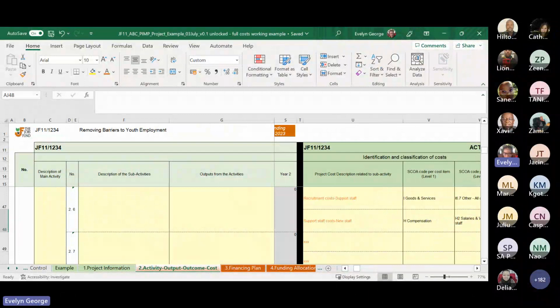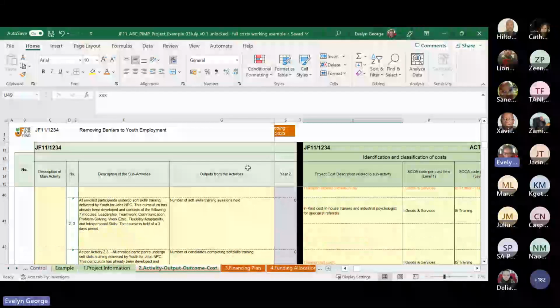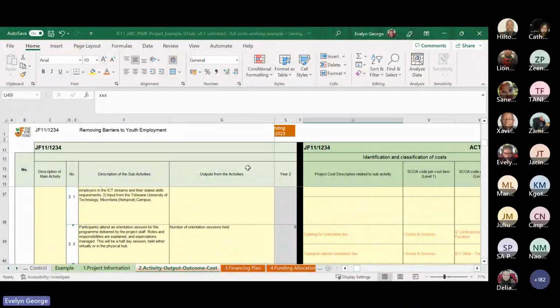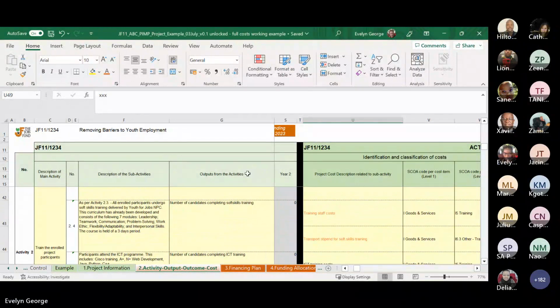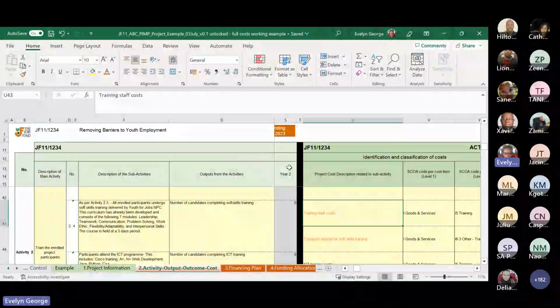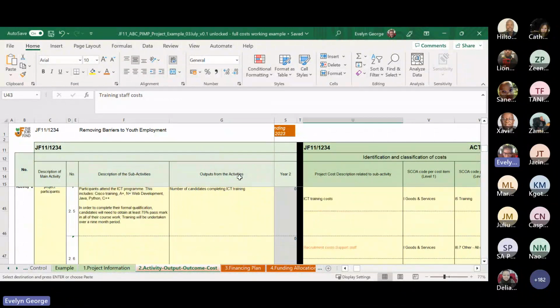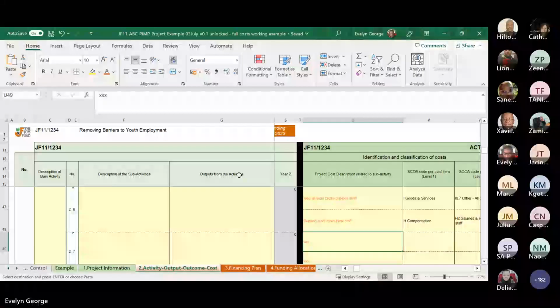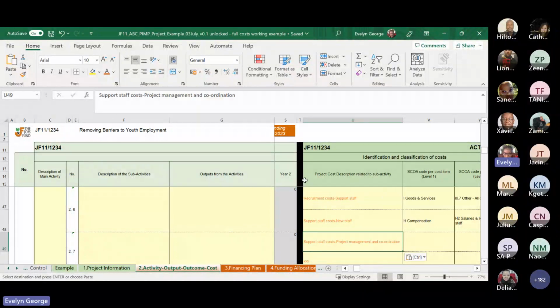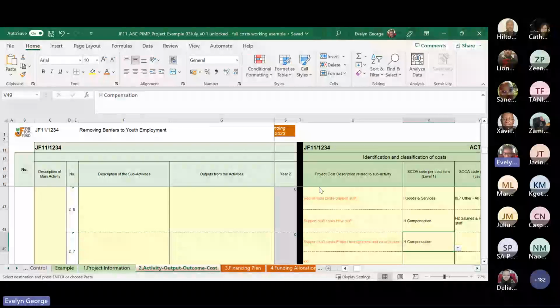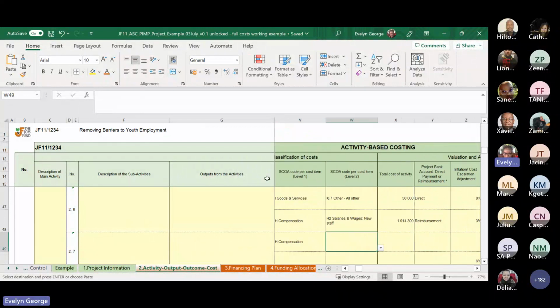And then we go back to these 2 staff members. Recall we said that some of their time is engaged in training, but in the parts where there are no training activities, they will be in project coordination, support, etc. So here we will classify their costs under compensation, and they are existing staff.